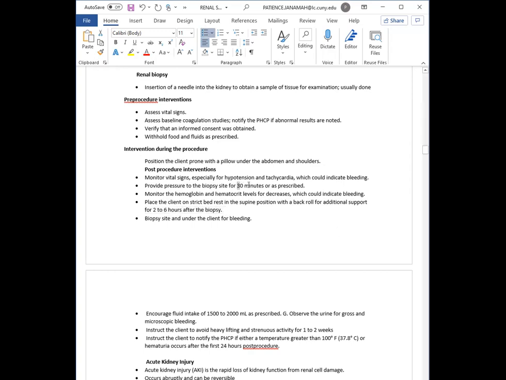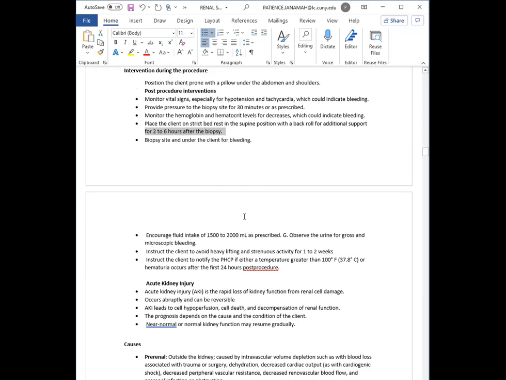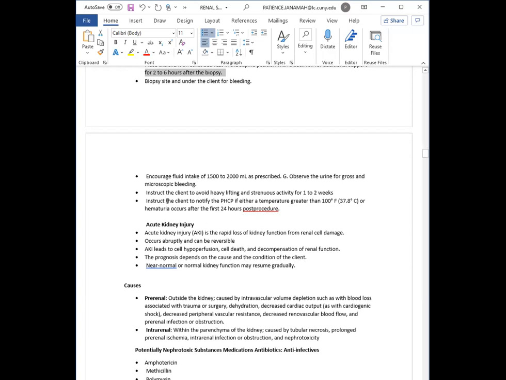After the procedure, you press the area for 30 minutes, and then you put a roll to the patient's back and have the patient wait 2 to 6 hours after the procedure, strict bed rest. Okay? Then you encourage intake of fluid.